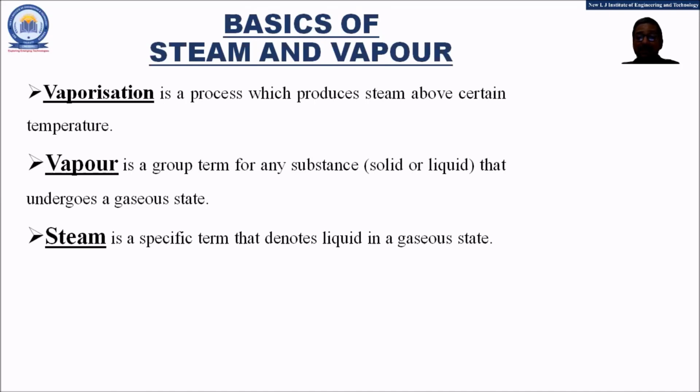That substance can be either solid or liquid that undergoes a gaseous state, and that particular condition of the substance is considered as the vapor state. Dear friends, this is a very simple definition of vapor. Vapor is a group term for any substance, solid or liquid, that undergoes a gaseous state.